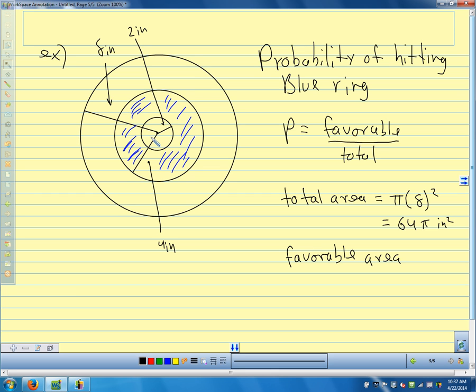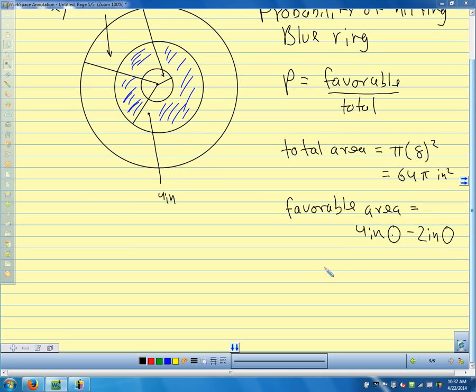So we're going to take the area of the 4-inch circle minus the 2-inch circle. So I'm going to write it kind of in symbols. We're going to find the area of the 4-inch circle, subtract the area of the 2-inch circle. So that's going to be pi times 4 squared minus pi times 2 squared.